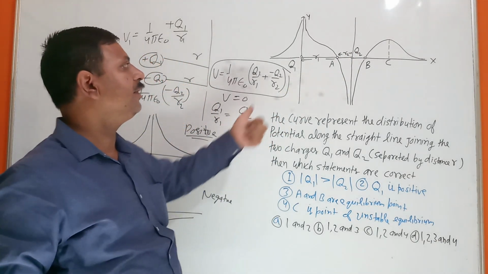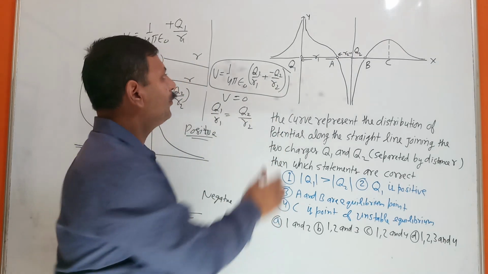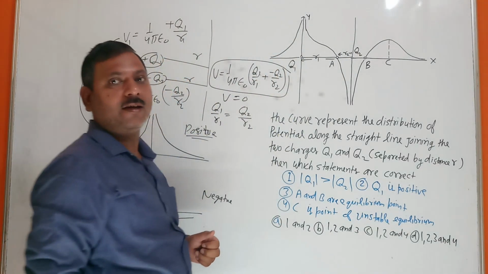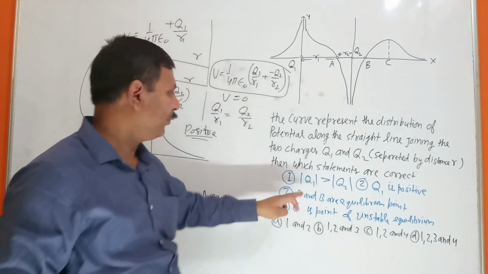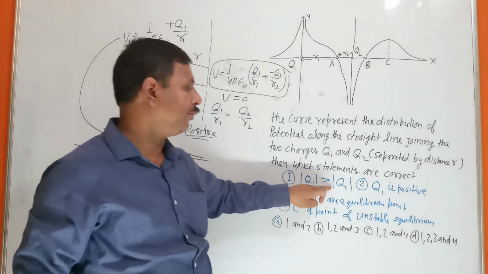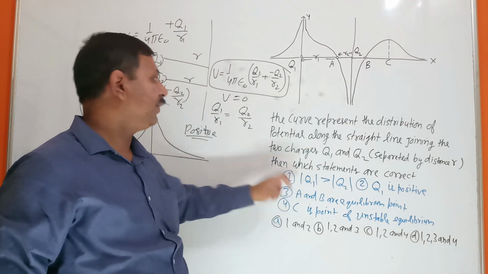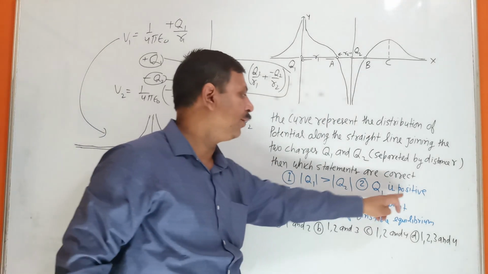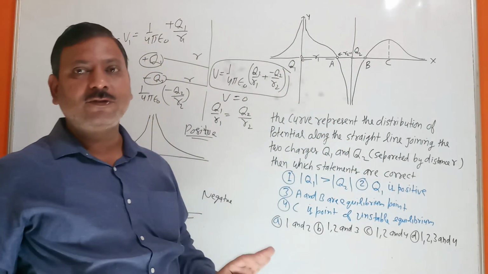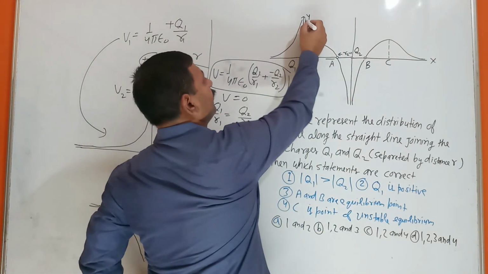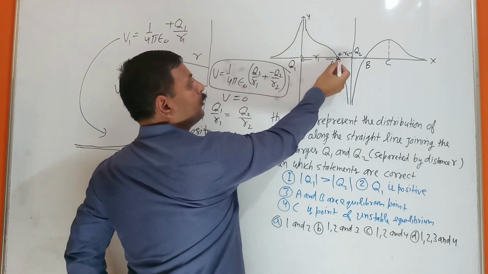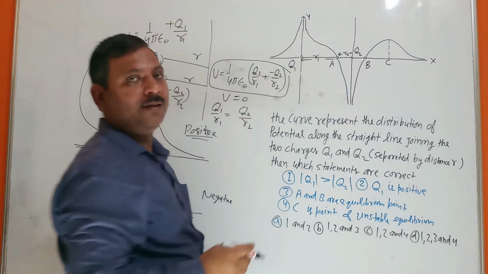So in magnitude form, the magnitude of Q1 will be greater and the magnitude of Q2 will be smaller. So magnitude of Q1 is greater than magnitude of Q2, this option is correct, and Q1 is positive in nature, this is also correct. One thing more, suppose this point A is nearby Q1.